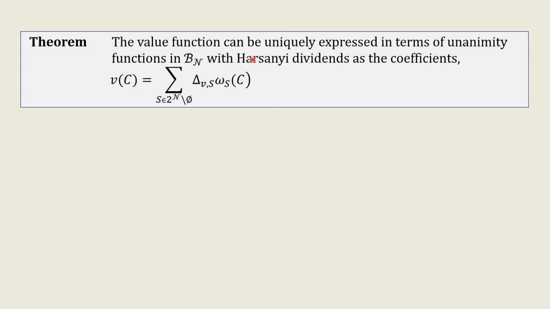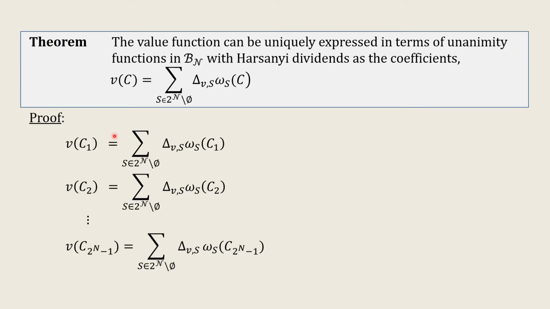Any value function can be uniquely expressed in terms of the unanimity functions in the basis with Harsanyi dividends, that is the deltas, as the coefficients. So given any coalition C, the value of C is equal to summation over all subsets S of the grand coalition of delta S times omega S of C.